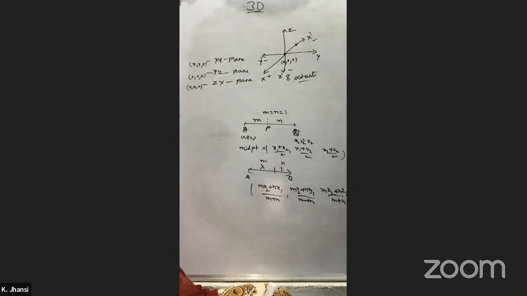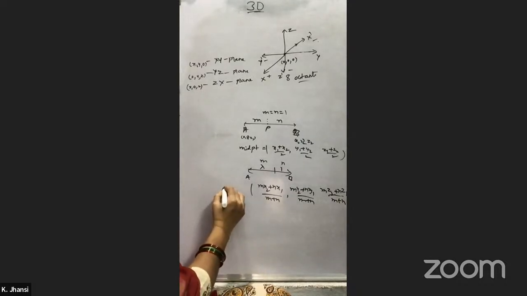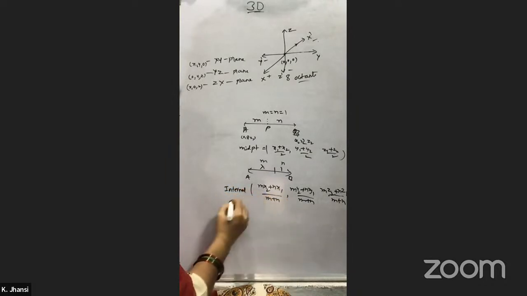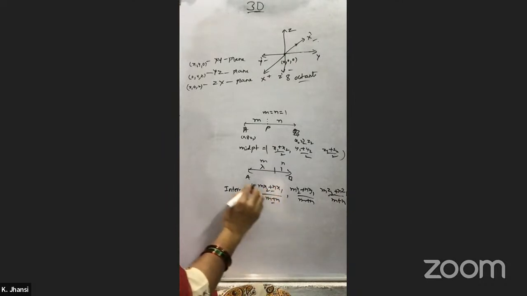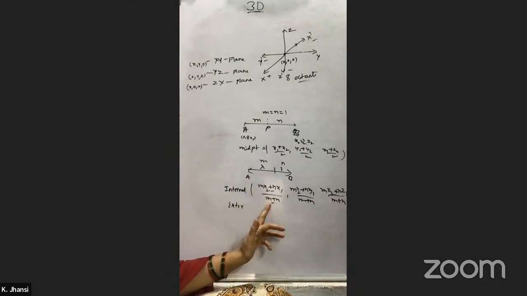This is the concept of the coordinates of the point which divides the line joining the points x1, y1, z1 and x2, y2, z2 in the ratio m is to n. One is internal, another is external. This is the internal formula. For external division, you will have a minus sign in the numerator and denominator instead of the plus sign.